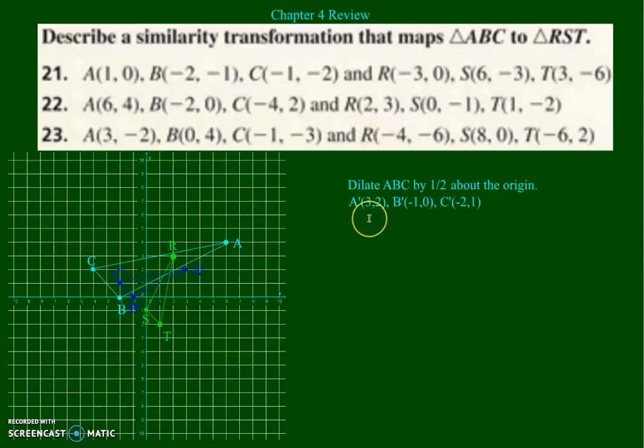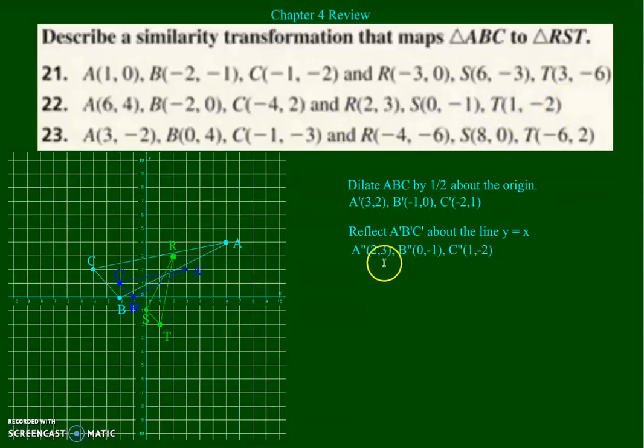That's a reflection across the line Y equals X. So to test it, I reflected across the line Y equals X, and sure enough, A double prime becomes 2, 3, which matches R. B double prime becomes 0, 1, -1, which matches S, and C double prime matches T.